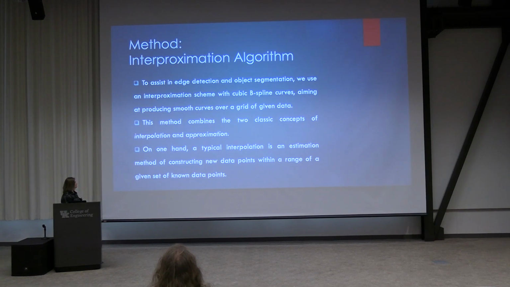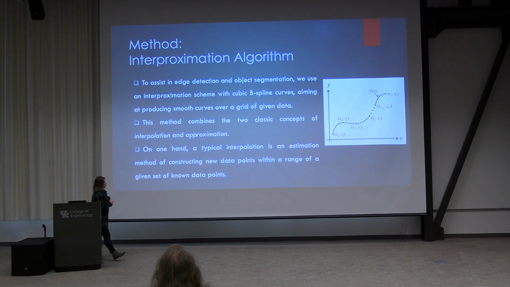With interpolation, if you have data points and you want to fill in all the points in between, you can employ any of the interpolation techniques. Here we will use B-splines, and your curve in this case has to pass through all the given points.